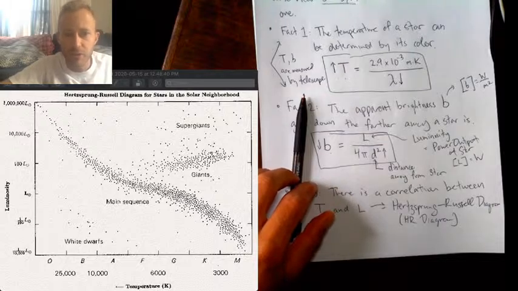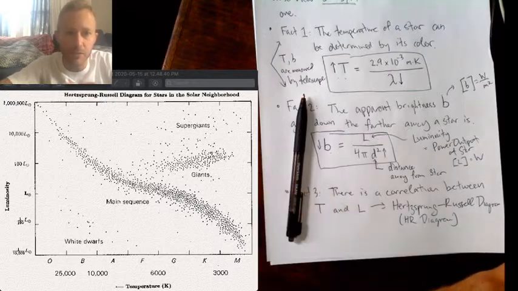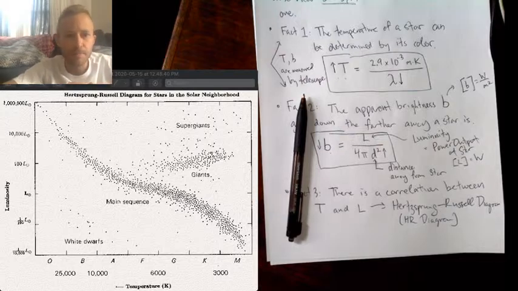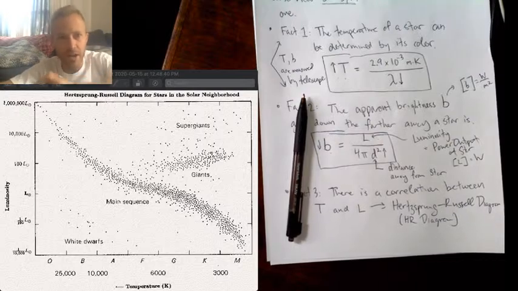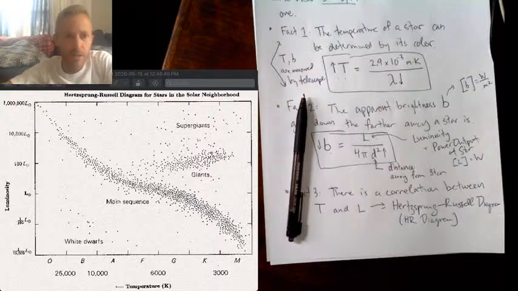I want everyone to look at the graph that I have in the lower left-hand corner of the screen. That's an HR diagram. And each point on that graph represents a particular star. We can see that there's a definite diagonal line running from the top left corner to the lower right-hand corner. Notice on the vertical axis is luminosity, and on the horizontal axis is temperature.